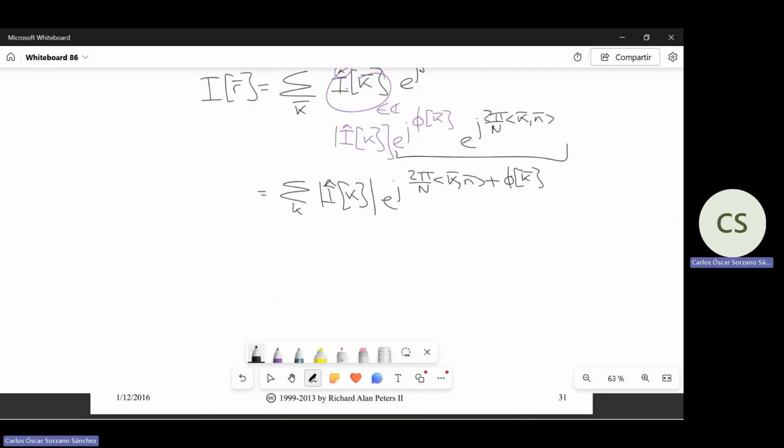And now we take the real part of that. So it will be the sum of this, which is real, so I don't have to change it. Then I have to take the real part of the exponential, so the cosine of 2 pi.